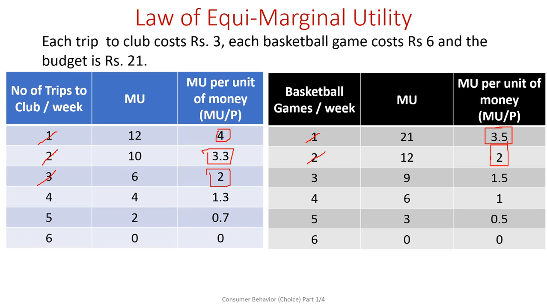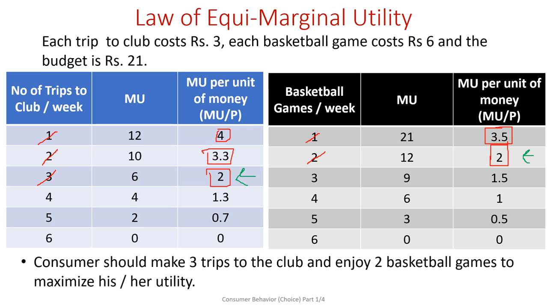Therefore, spending all the income in a rational way, the consumer should make 3 trips to the club and enjoy 2 basketball games to maximize his or her utility. Now, we can also see that the utility of the last unit of money spent on a trip to the club and the utility of the last unit of money spent on playing a basketball game is the same.